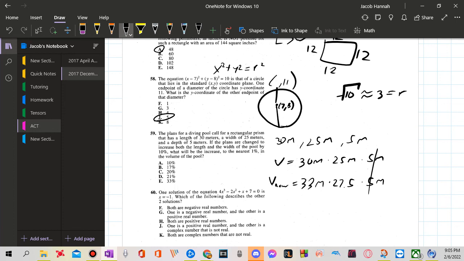You take the new volume divided by V, all multiplied together, divided by what this is. So you get 1.21. Whatever decimal you get after the 1 is how much bigger this pool's volume is than the original plans. Since it's 0.21, we look over here and we see 21%, and that's our answer.